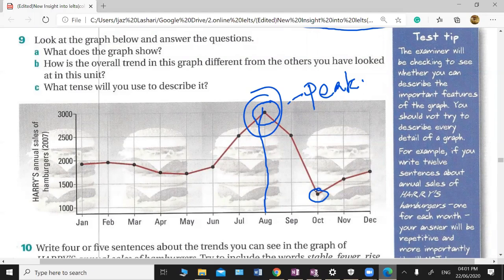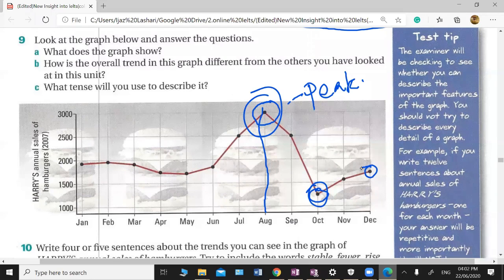It hit the lowest point, or it's the downward trend. Lowest point, downward trend, hit the lowest point, or something like that. Decreasing trend. And it ended in December between 15,000 to 20,000. Okay, so that was number 2.